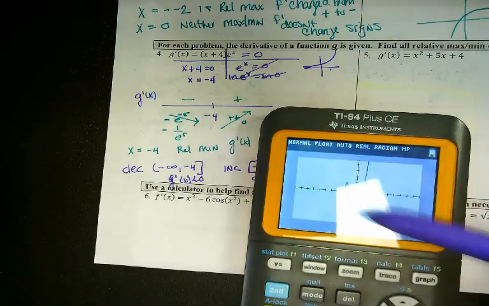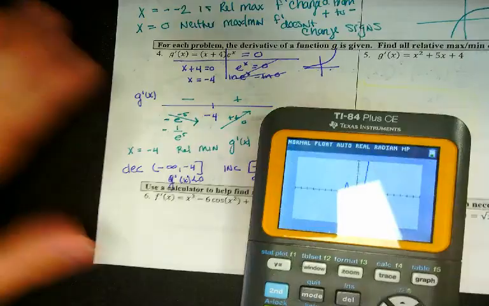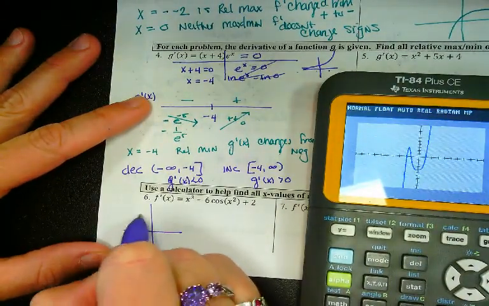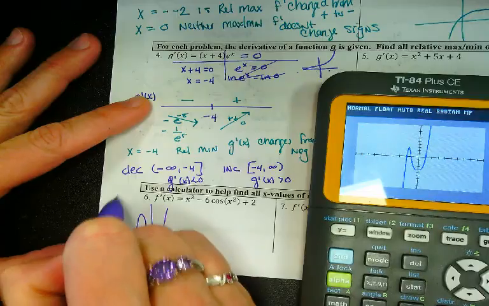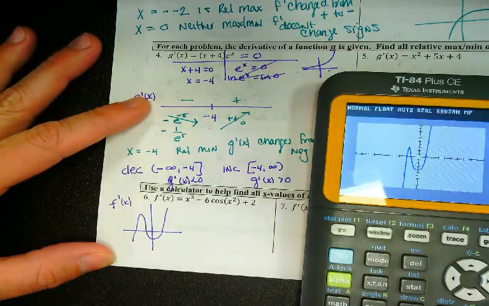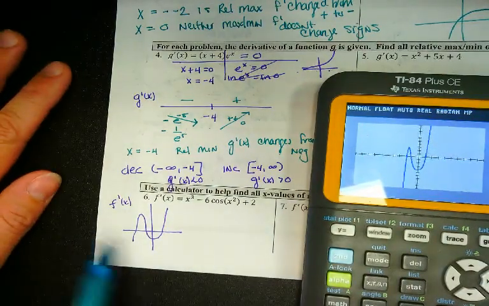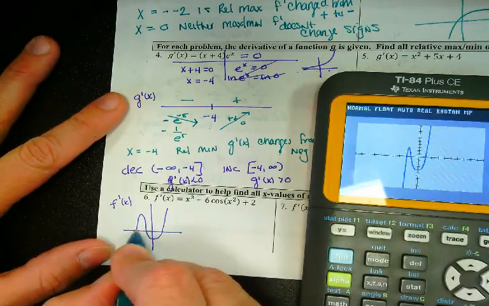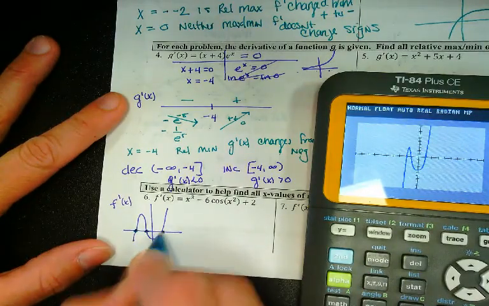So I want to say to myself, this is a graph of f prime already. So just keep that in mind. We are staring at f prime. So my critical points are where this picture hits 0.